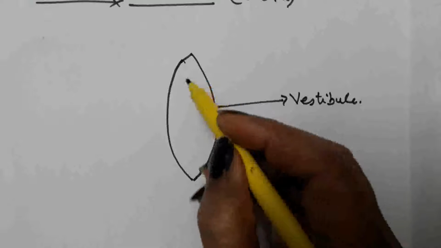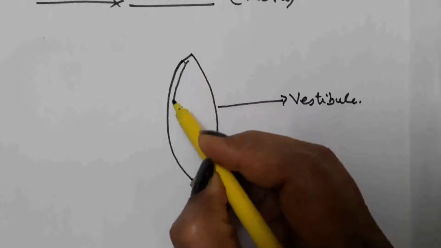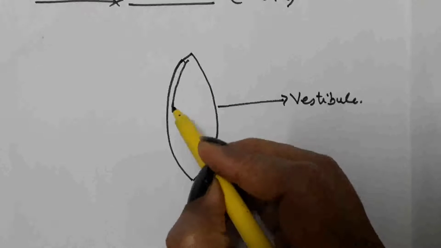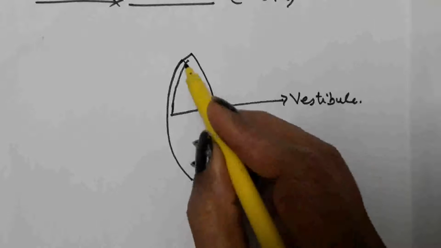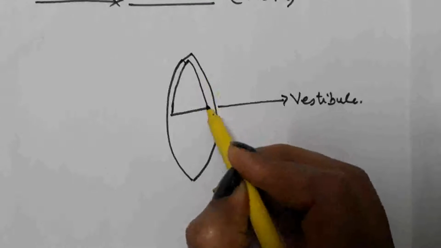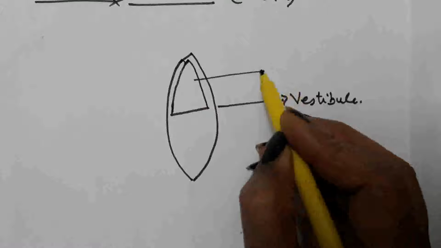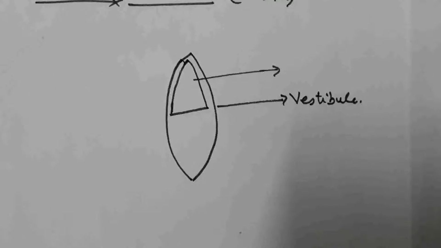In the vestibule there are two openings. The upper opening is of the urethra, and we call it the urethral orifice.